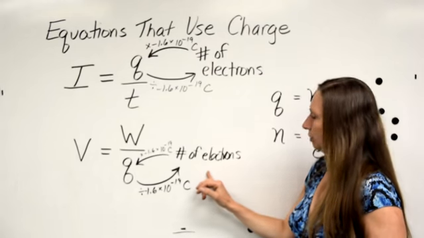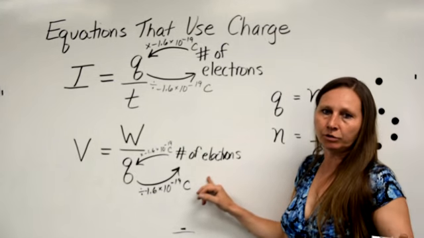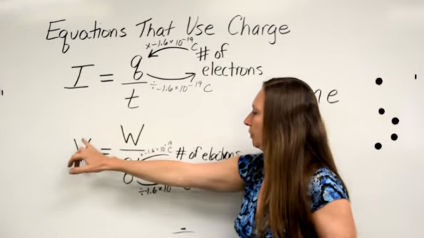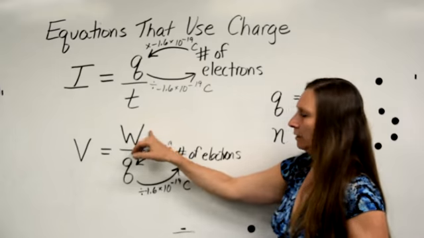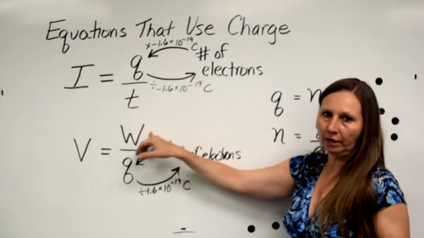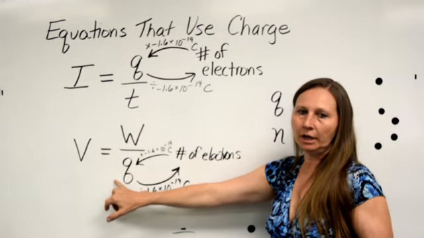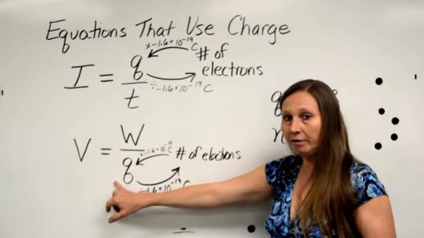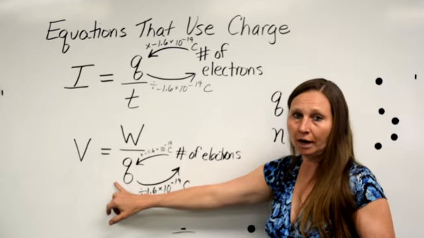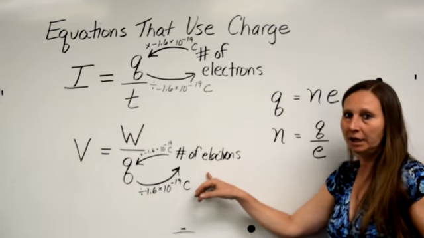If they ask how many electrons, and they give you, for example, the voltage and the work, or the electrical energy, you can calculate the charge, and then it's very easy, once you know how much charge you have, to figure out how many electrons that is.